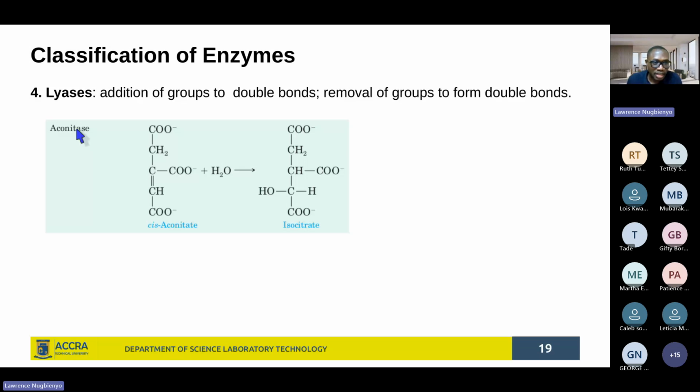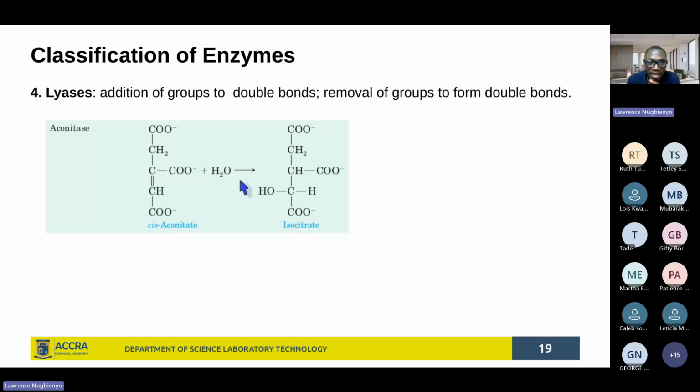An example is aconitase. The reaction you are looking at is also one of the reactions that you see in the TCA cycle. If you go back and look at the TCA cycle, you see cis aconitate is converted to isocitrate. And that reaction is a reversible reaction.